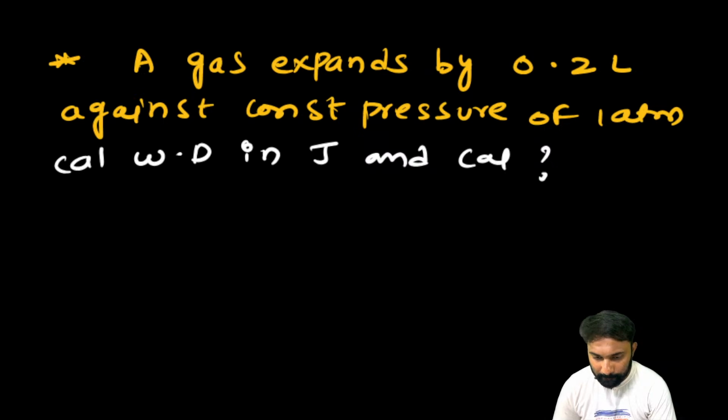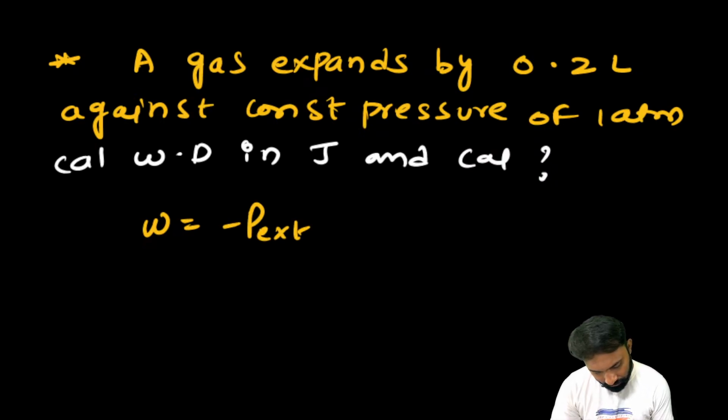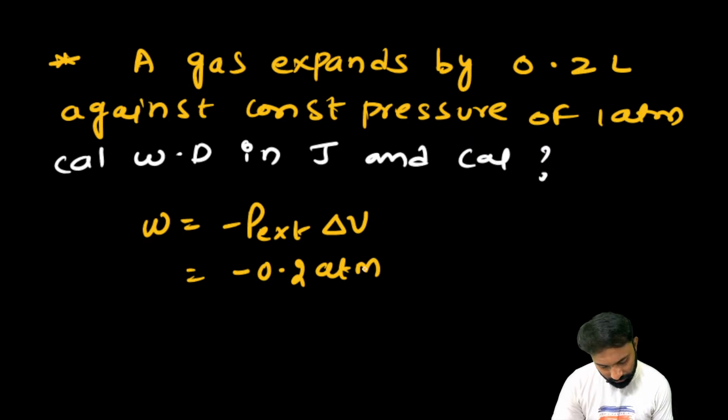Okay, fine. Now let's suppose work done is equal to minus P external times change in volume, the volume they have already given, the change in volume is 0.2. So minus 0.2 atm liter we got.